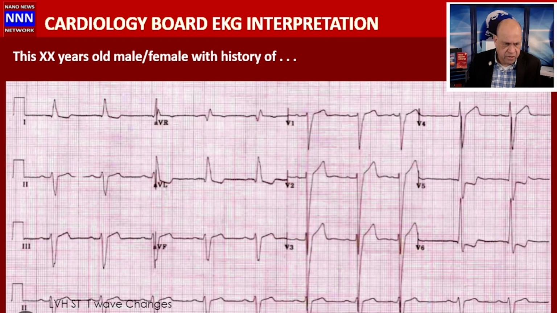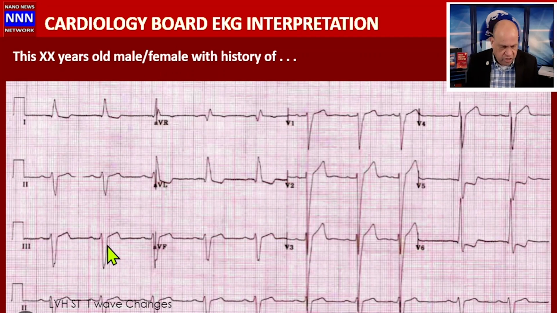Next, we have an electrocardiogram with evidence of left ventricular hypertrophy by voltage criteria here. This is 10, 11. Along with that we have J-point depression, downsloping ST segment, and biphasic T waves. So left ventricular hypertrophy with strain. We also have left axis deviation and left anterior hemiblock, and the underlying rhythm is sinus bradycardia.